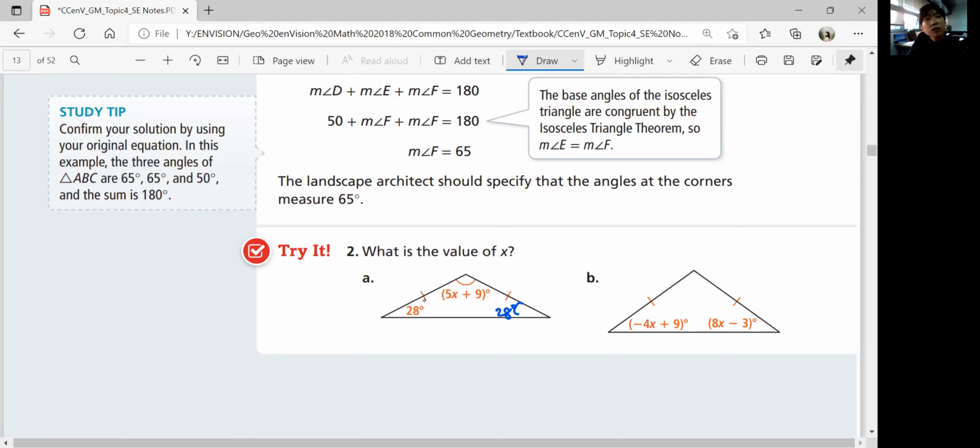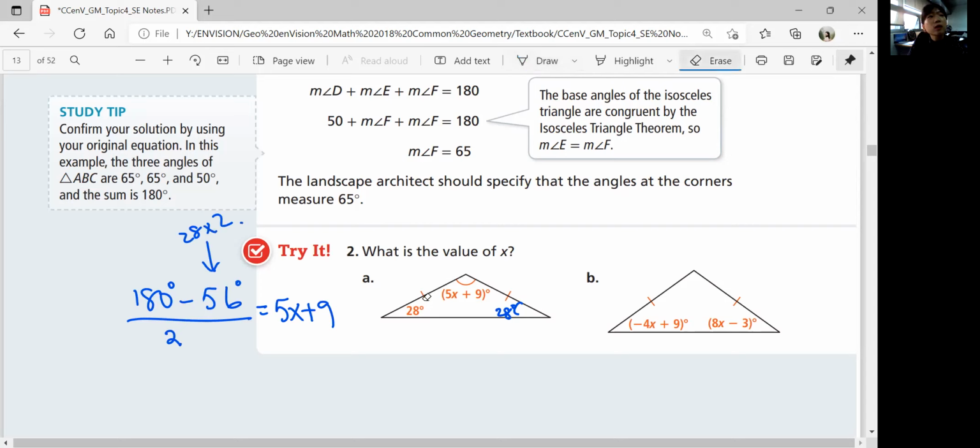And so using the triangle sum theorem, 180 minus 56 divided by 2 should equal 5x plus 9. Does that make sense? You subtract these two. So this is from 28 times 2. Okay. Wait, not divided by 2. Sorry. 180 minus 56 should equal 5x plus 9.